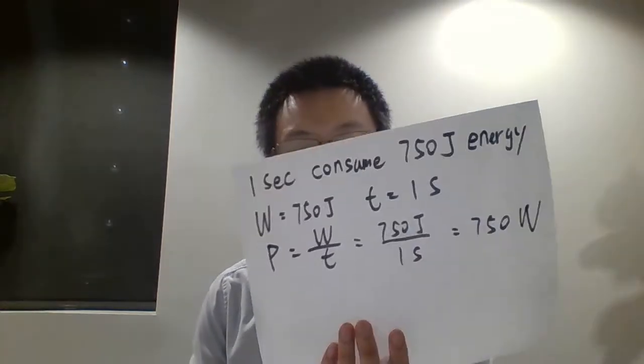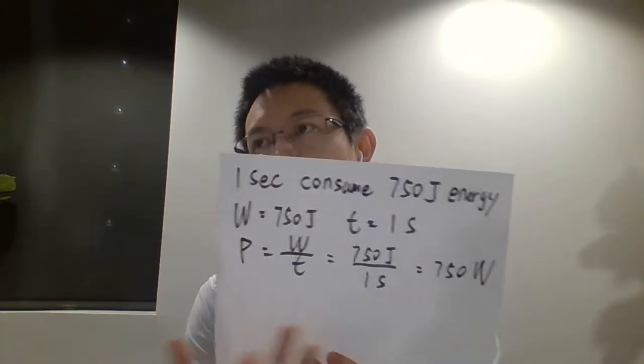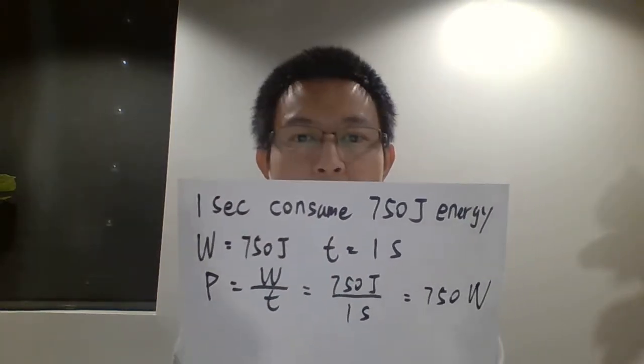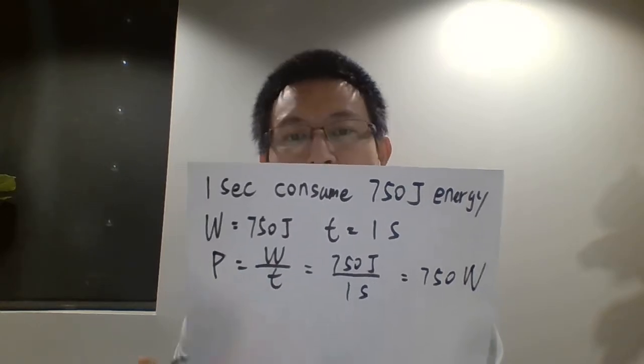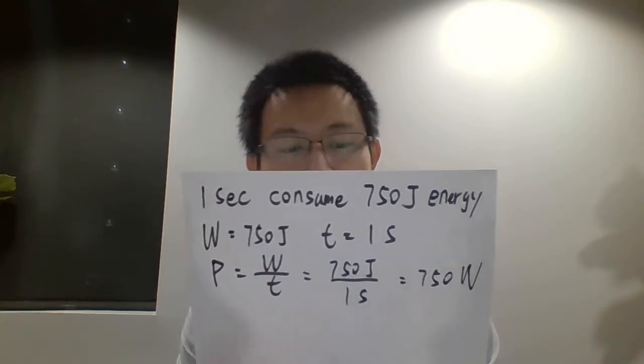It's just another way to calculate the power, as shown here. But you can always use the voltage times the current. Only we don't really know the current, right?